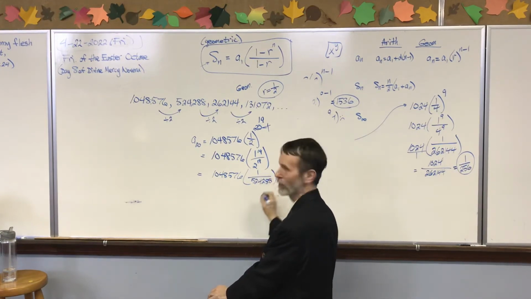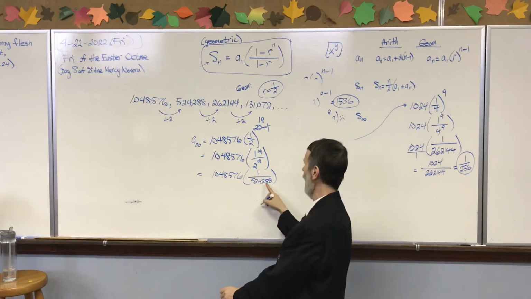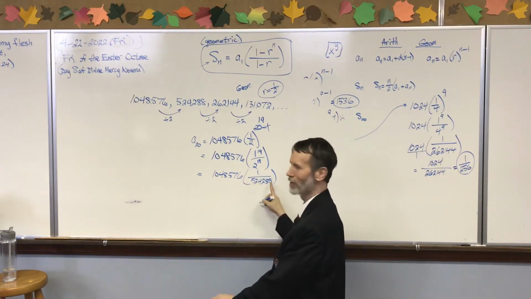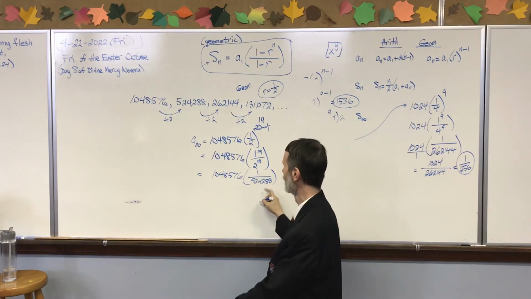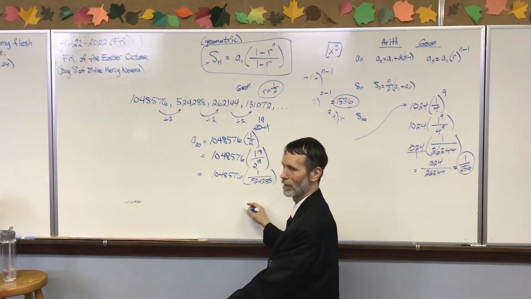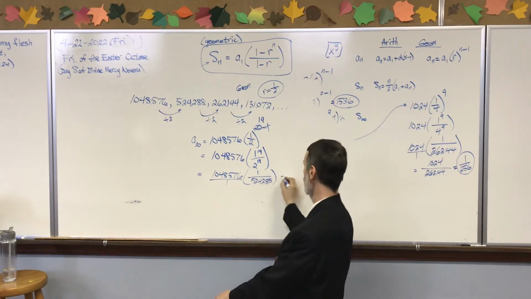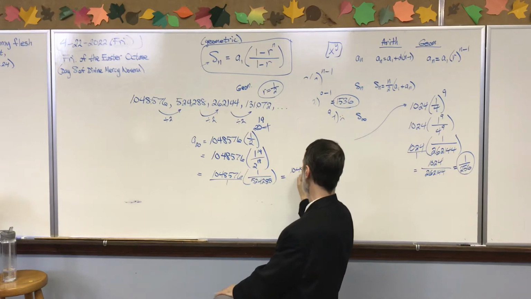Okay, Isabella, question. How am I supposed to reduce this? It's this times that. Yeah. So the whole thing is 1,048,576 over 524,288.